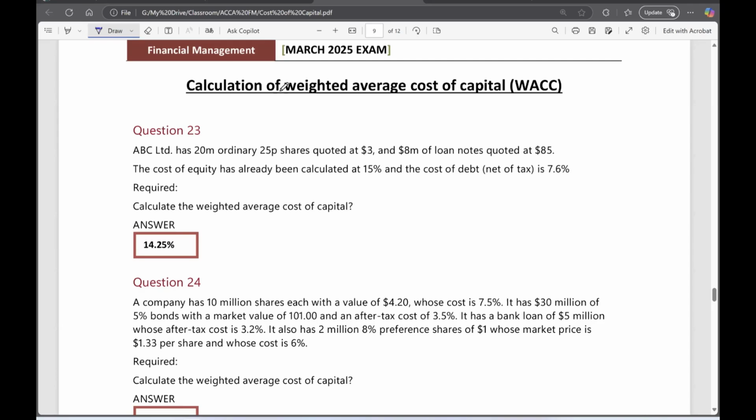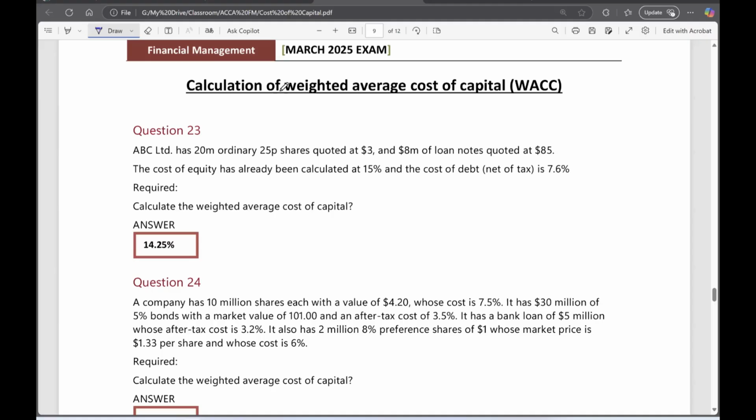Remember, what is the weighted average cost of capital? It is the average of both the cost of equity and the cost of debt.